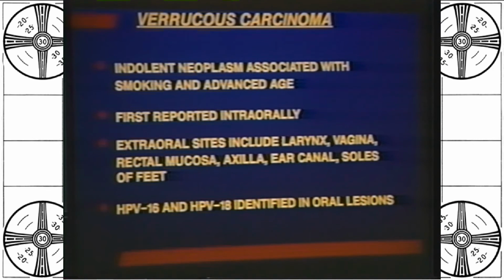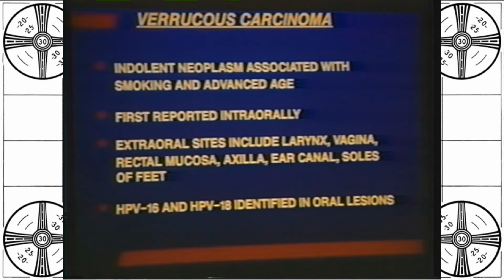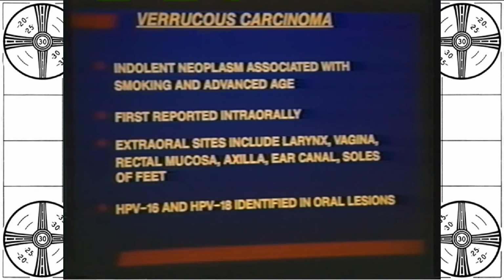It's most common in the 6th decade on. However, the case I'm going to show you is a lady in her 5th decade of life. It was first reported intraorally as verrucous carcinoma of Ackerman. Extraoral sites, though, can be involved, including the larynx, vagina, rectal mucosa, and a number of other sites. Even the soles of the feet can have this peculiar variant of verrucous carcinoma.